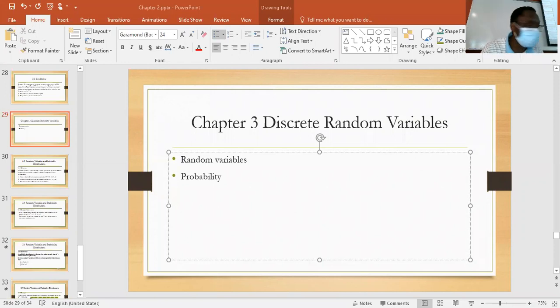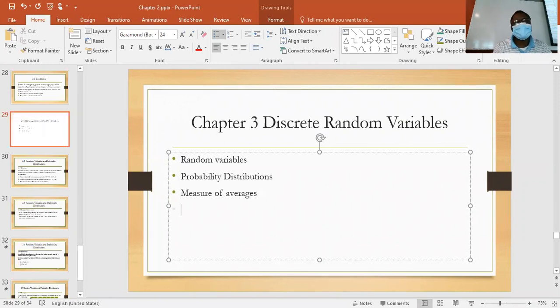So we are going to start chapter 3, which is on discrete random variables. In this chapter, we are going to learn about random variables, probability distributions, measures of averages like the mean, the average.